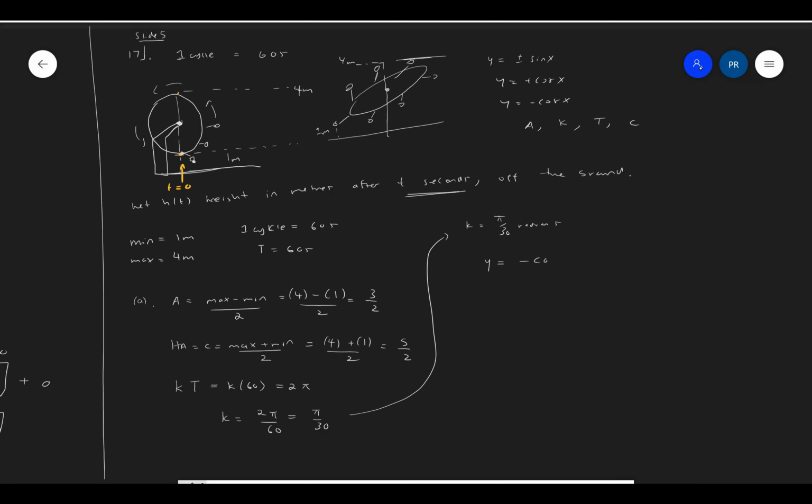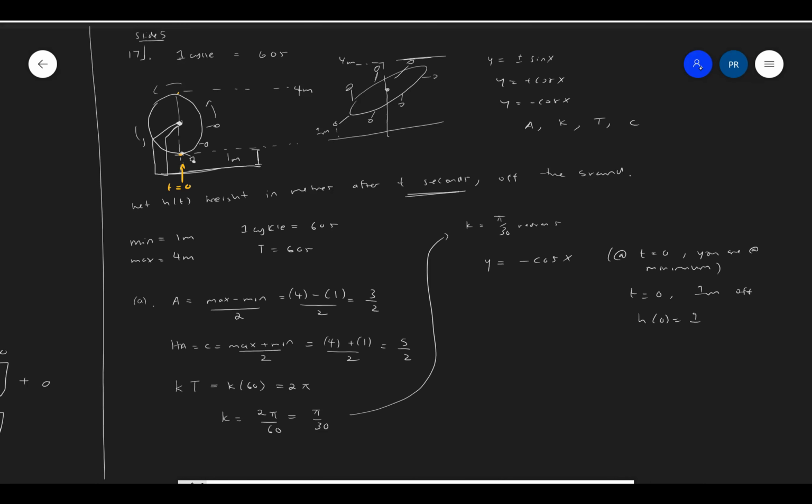So I would tend to use negative cosine x because at time 0, you are at the minimum. And the minimum basically means the minimum height, right? So at time 0, you should be 1 meter off the ground. So h of 0 should give you 1 meter, right? Because the Ferris wheel is 1 meter off the ground like we've indicated.